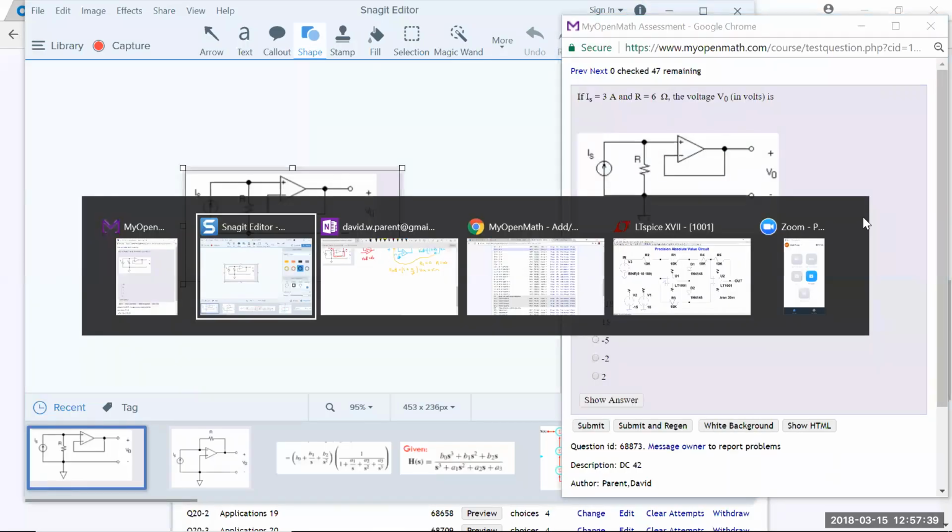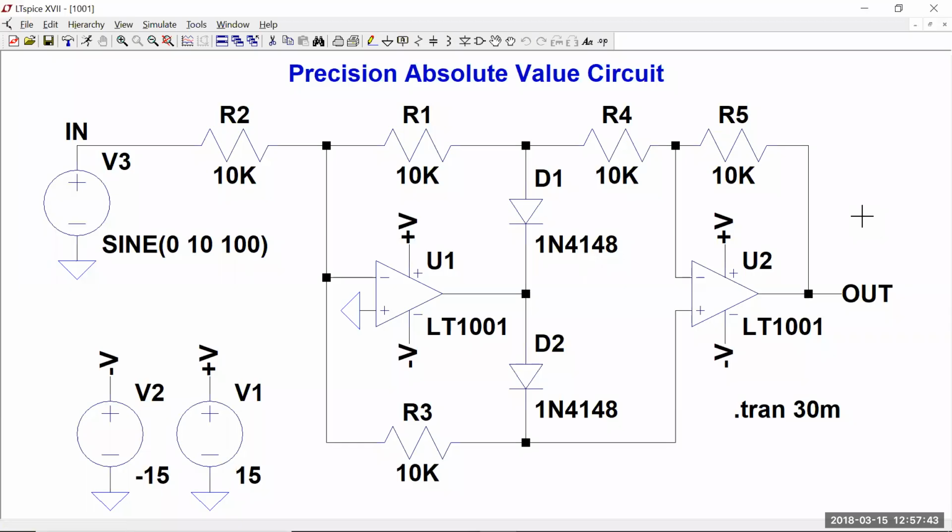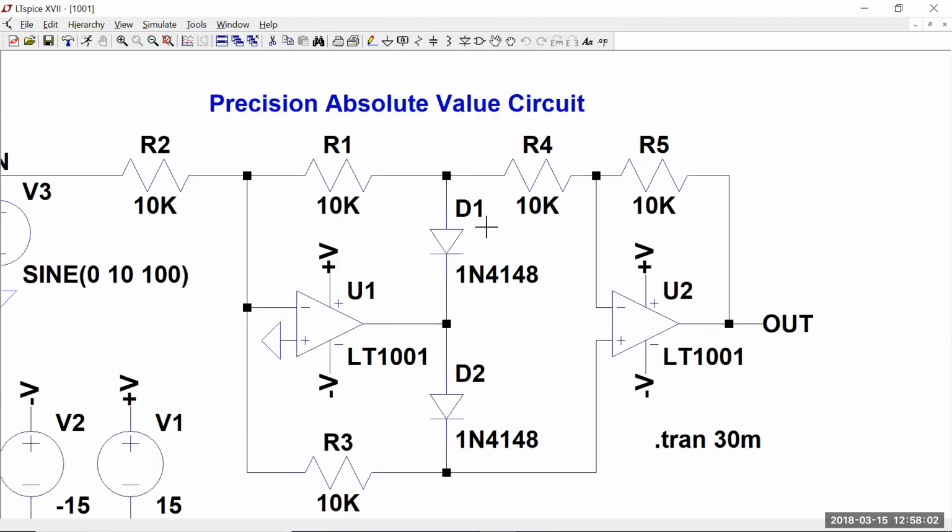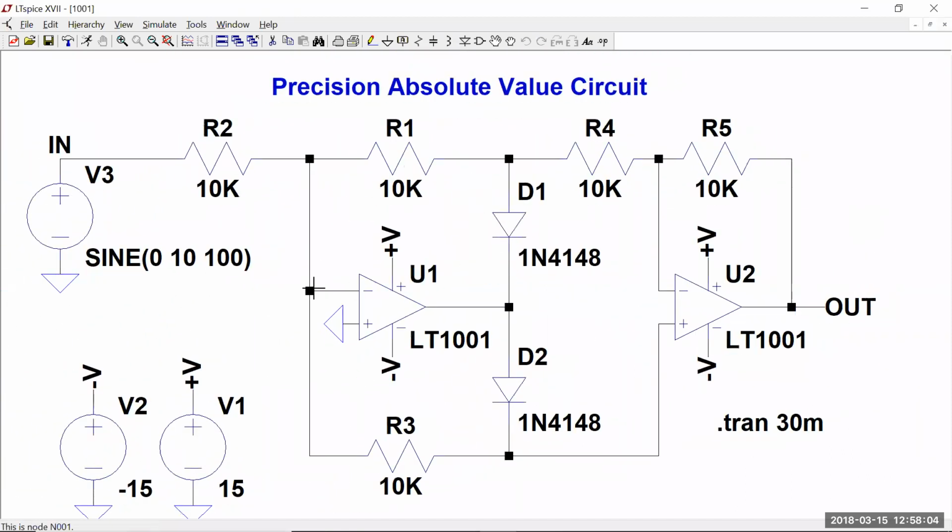But for instance, you look at this circuit and you're like, oh my God, what's going on there? Well, I would just look at it and say, ideal op amp, even though there's a diode, there does seem to be a path from out to in. And so these two nodes are going to be equal.